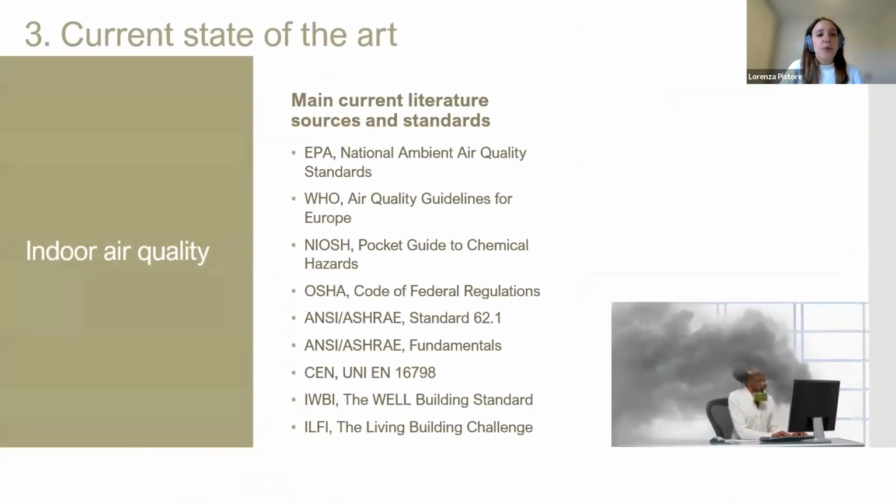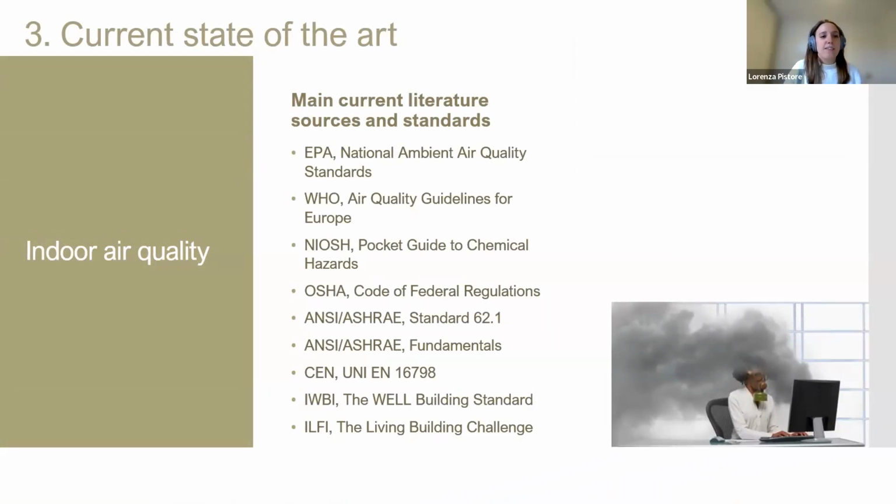At this point, we wanted to look at the current state of the art. So we looked at the main current literature sources and standards addressing these different environmental aspects. And this part was a little bit of a mess, because as you can see also from this slide, there are really a lot of standards and guidelines concerning these different environmental aspects.